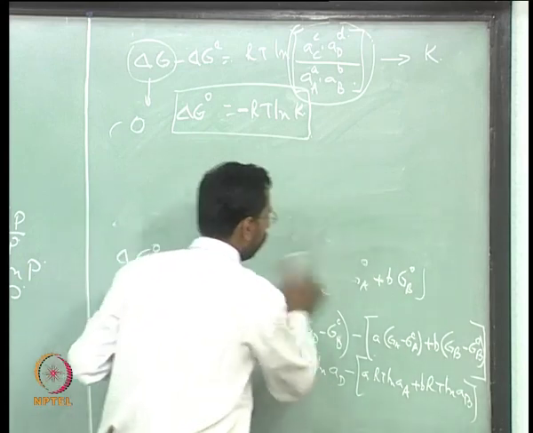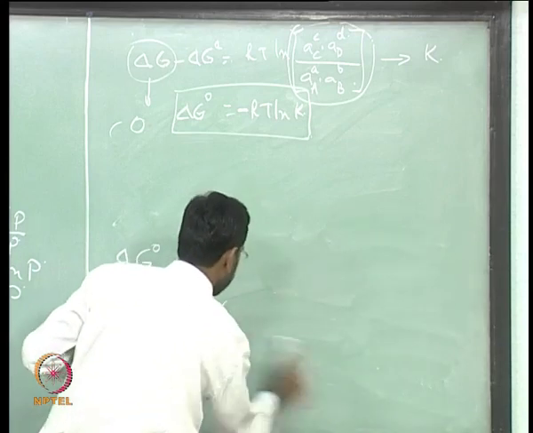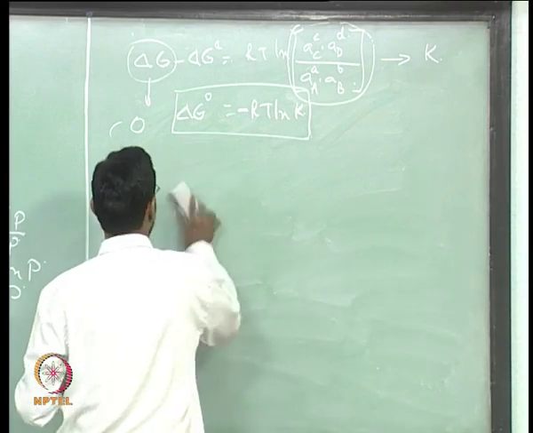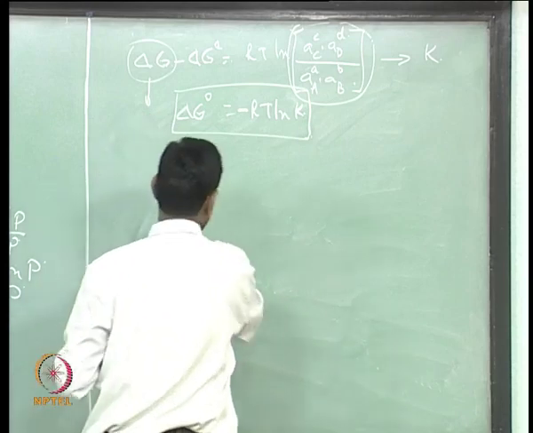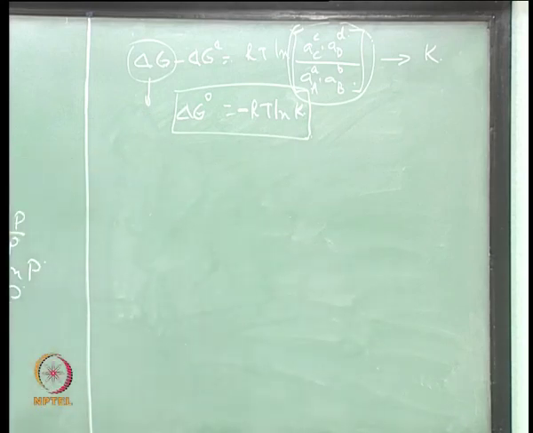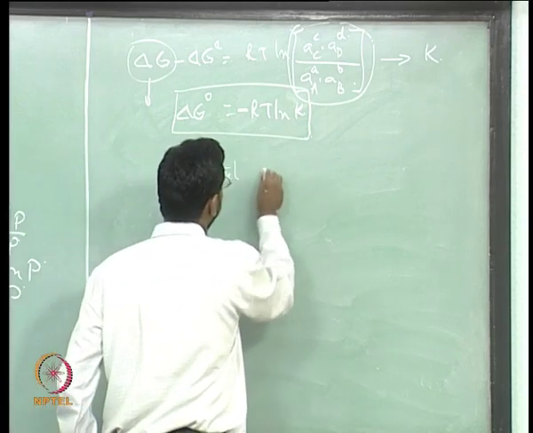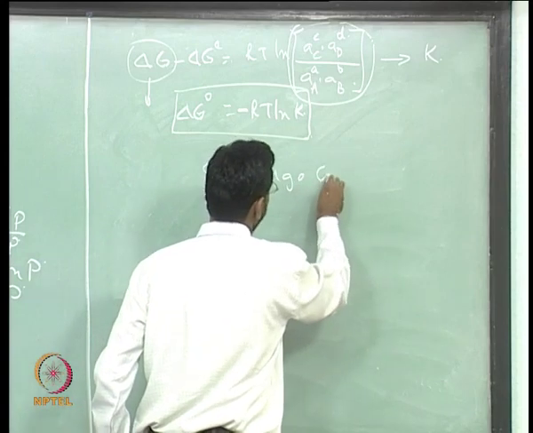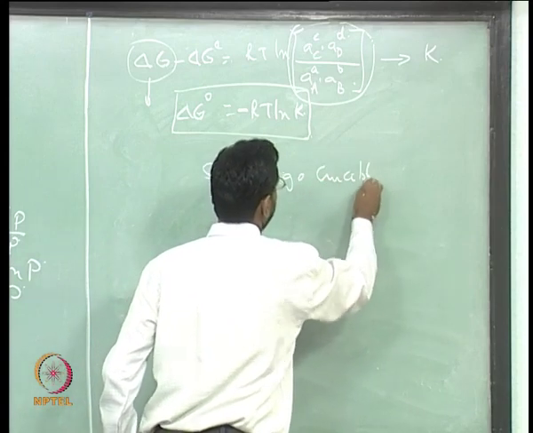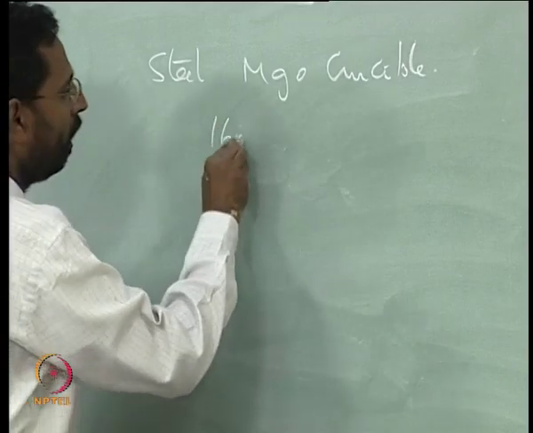Is it clear? So, you can see, for example, let us take any example. Okay, I will take an example. Let us say you are melting steel in a magnesia crucible at some temperature, 1600 degrees centigrade or so.